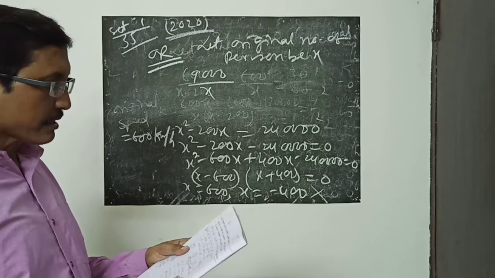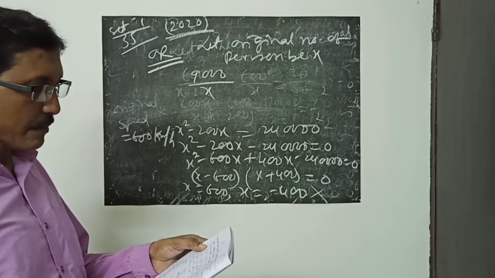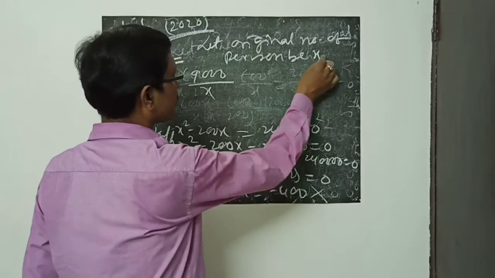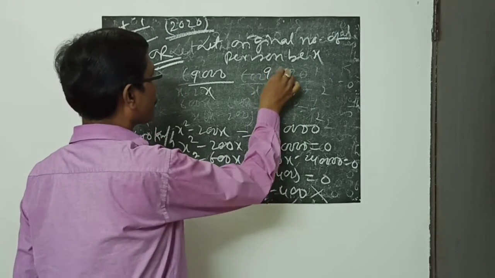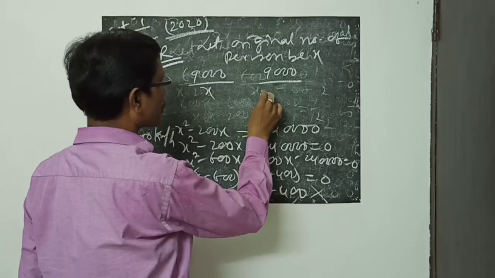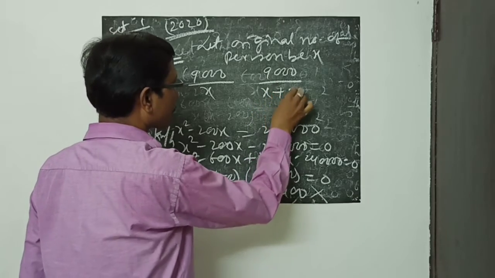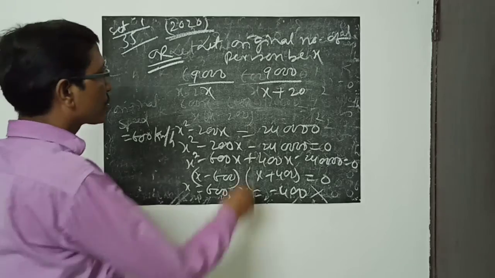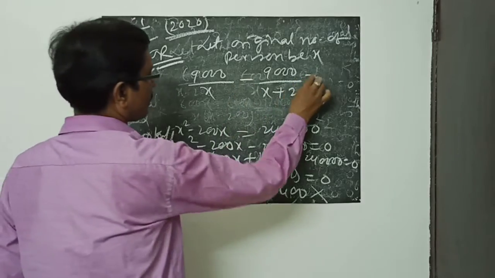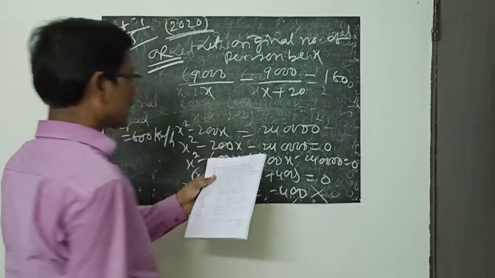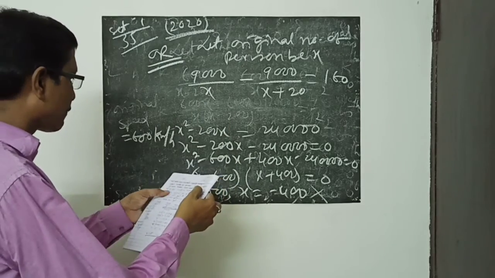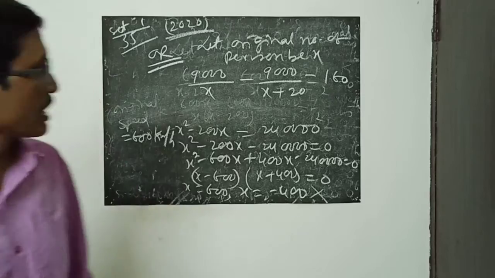But had there been 20 more persons, the number becomes x plus 20, so each one will get less amount. Their difference is given as 160.